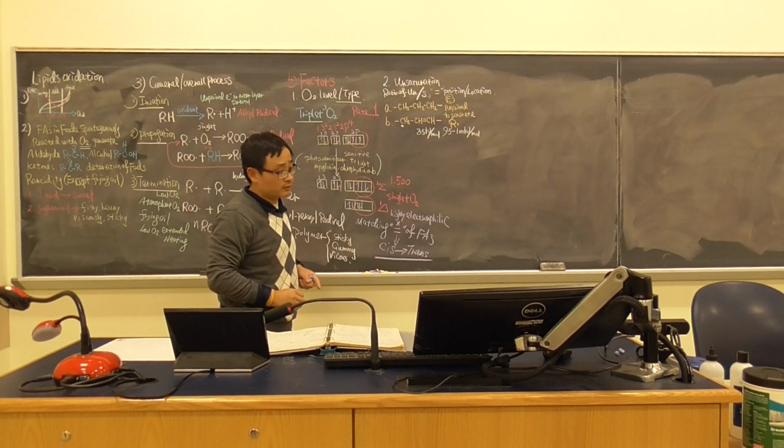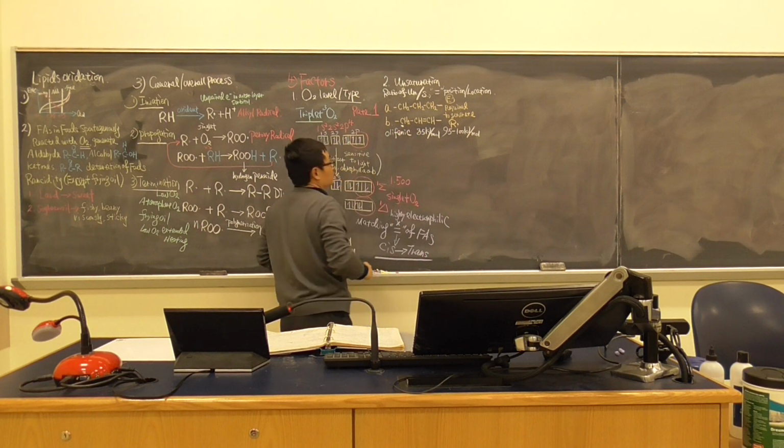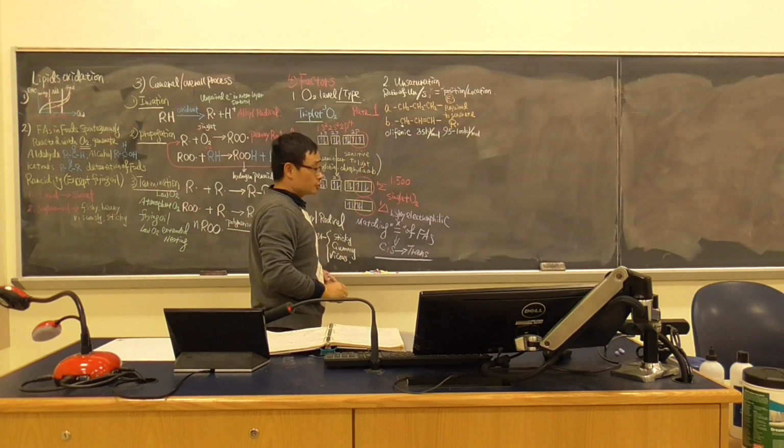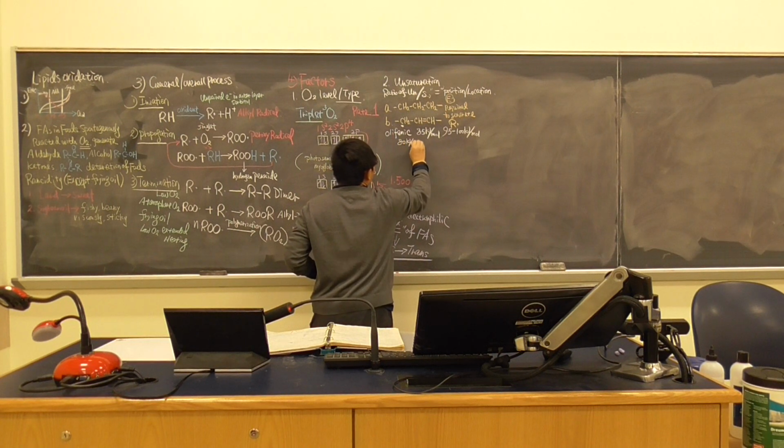It will become a free radical, because we call it an olefinic carbon. The energy required to generate a free radical is even lower, only 80 kJ per mole.